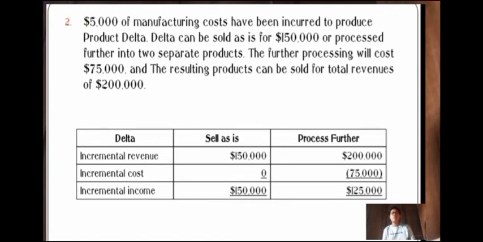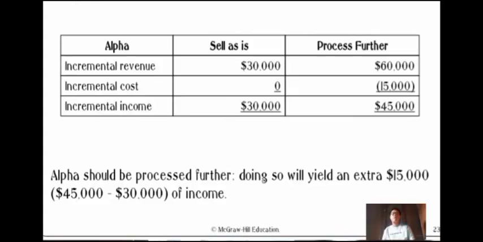Incremental income if we sell the units as is is $150,000 versus incremental income if the units are processed further, $125,000. So Delta should be sold as is. Doing so will yield an extra $25,000, which is $150,000 less the $125,000 of income.